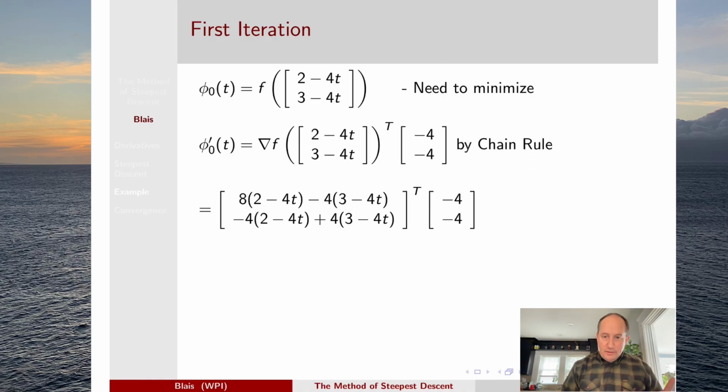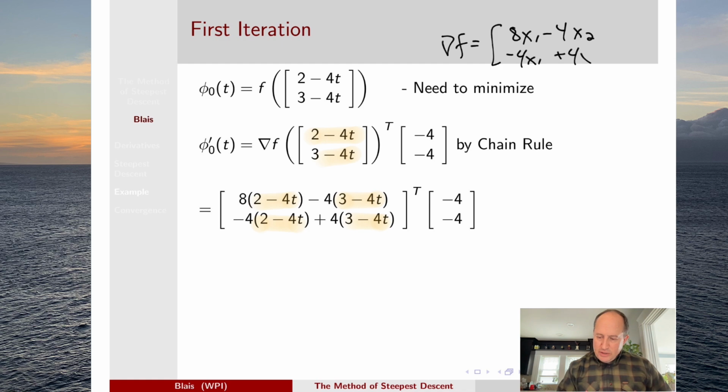What we are doing is taking our gradient and plugging in these values for x1 and x2. Now recall that our gradient of f was (8x1 minus 4x2, minus 4x1 plus 4x2). And so we see we are plugging in 2 minus 4t for x1, and we are plugging in 3 minus 4t for x2.